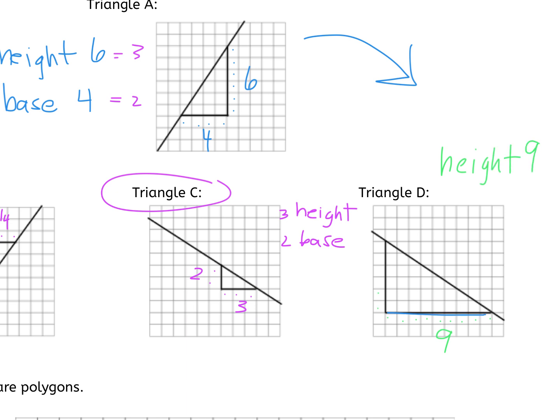And 1, 2, 3, 4, 5, 6 for the base, if we think of the figure being turned. And then if I simplified that, it would simplify to a height of 3 and a base of 2. So I think that this also could be considered similar.